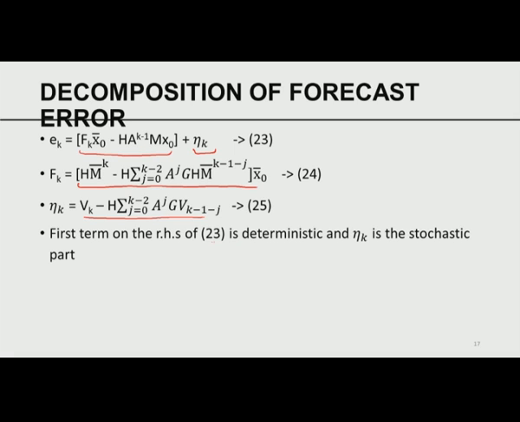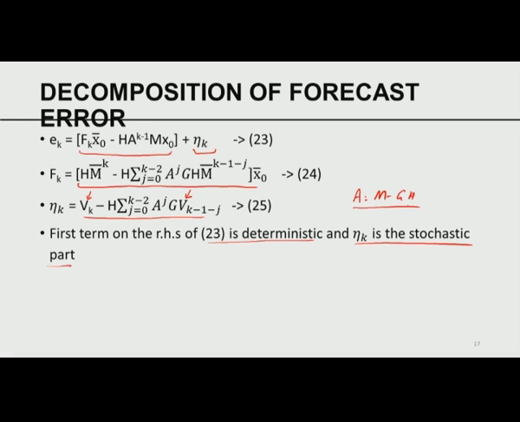So you can see 23 is deterministic, eta k is stochastic. What is the stochastic part? Stochastic part is again the noise from the past, the noise from the present. The past noise are weighted by the powers of A, and you may remember A is equal to M minus GH.